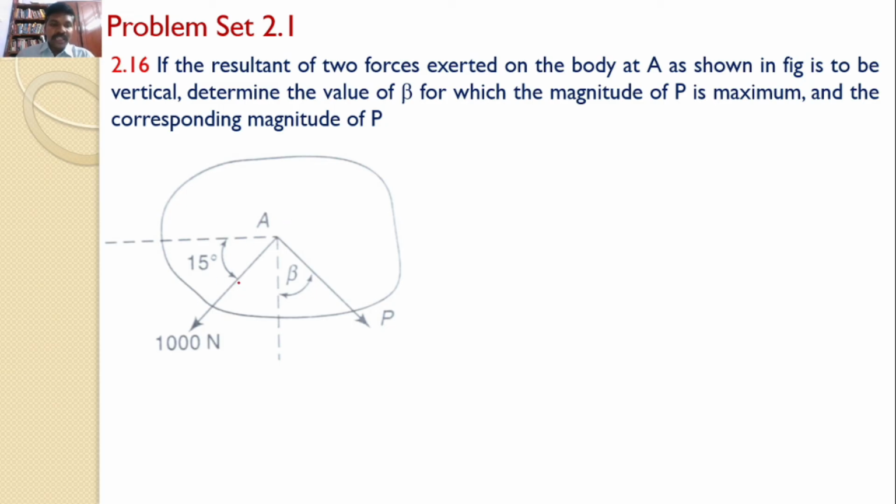The angle made by the 1000 newton force with the horizontal is given as 15 degrees, and the angle made by the force P with the vertical is beta.